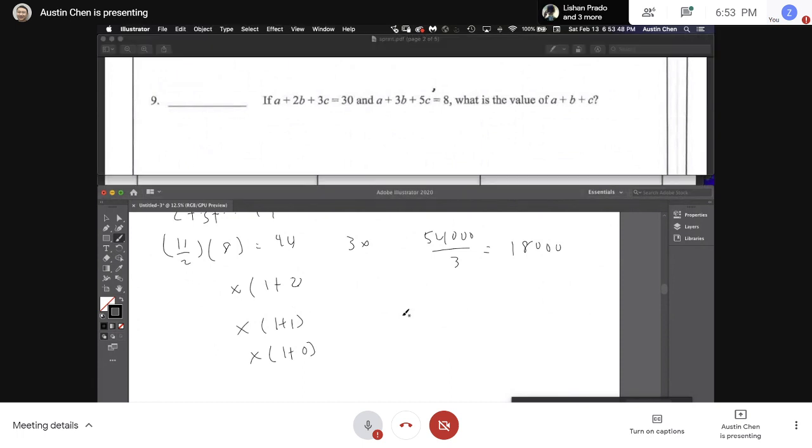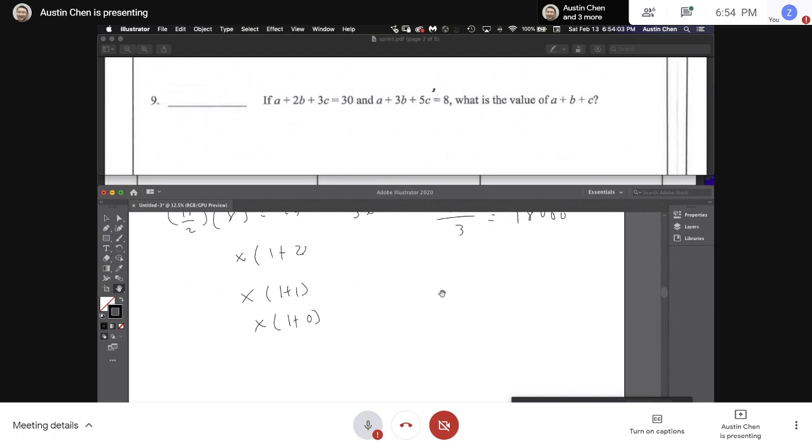If a plus 2b plus 3c equals 30 and a plus 3b plus 5c equals 8, what is the value of a plus b plus c? Okay, there are a few ways you can do this. One way, because you're given three variables but only two linear equations for them, you're going to have infinite solutions.